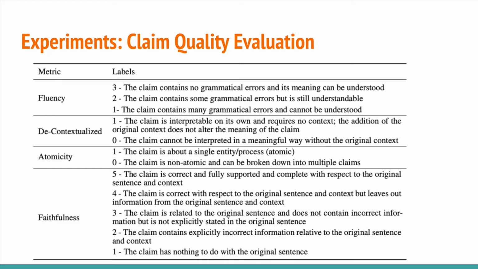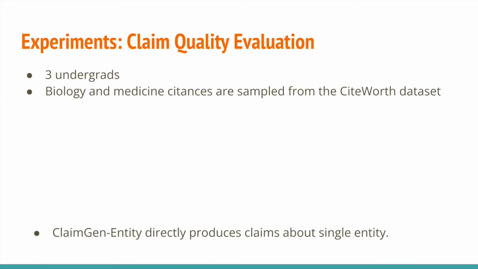It's actually a hierarchical relationship. If the first few metrics are low, then basically they discard the examples, so that they can save more time and energy to evaluate the faithfulness of the claims that are worth evaluating.